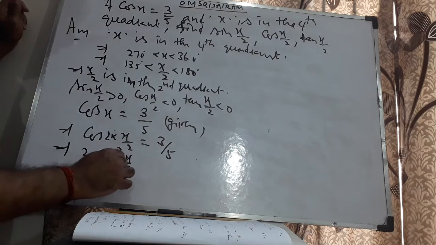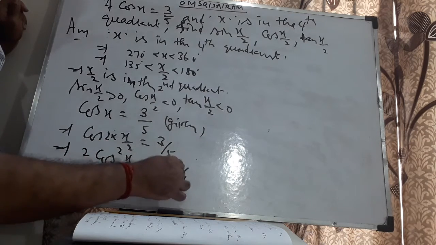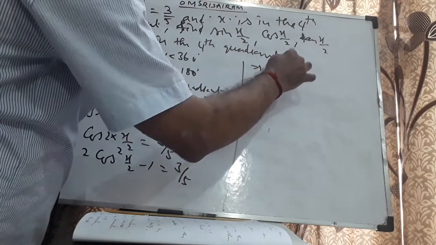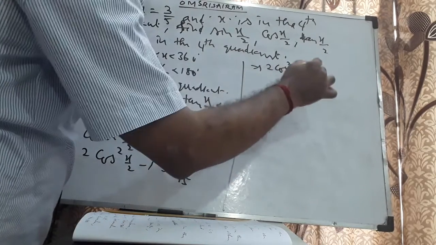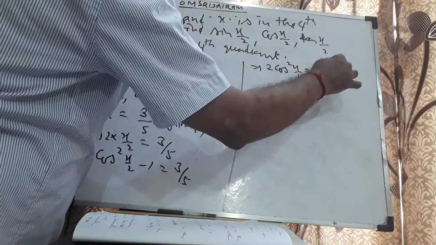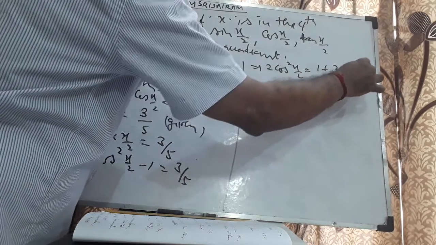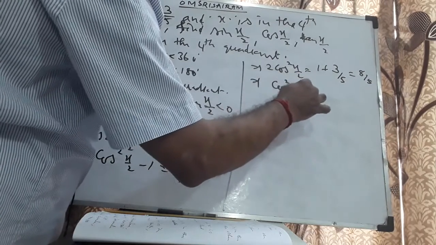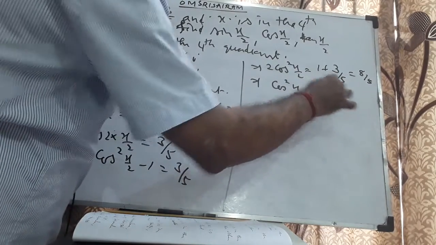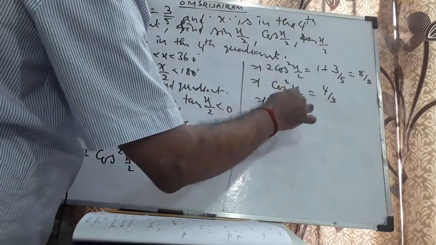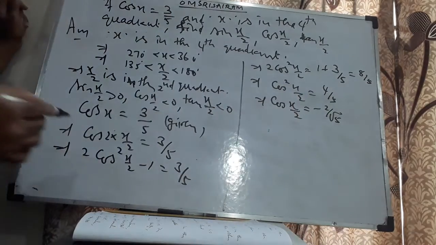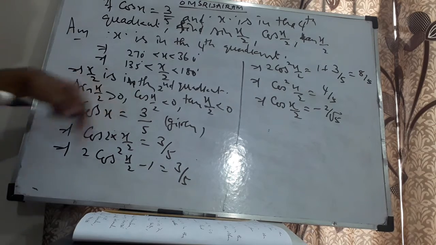This is 2 cos square x by 2 minus 1 is 3 by 5. Now, which will imply 2 cos square x by 2 happens to be 1 plus 3 by 5, which is anyway 8 by 5, which implies cos square x by 2 is 4 by 5, which implies cos x by 2 is minus 2 by root 5 because cos x by 2 is negative.